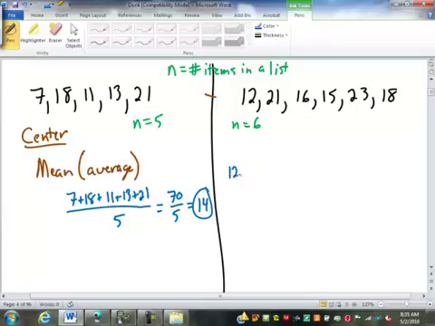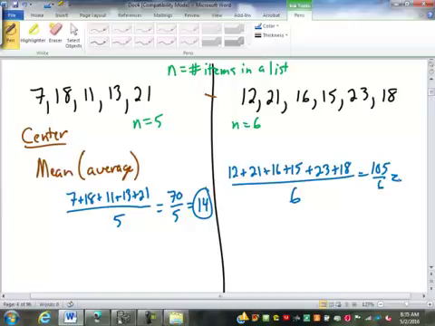Over here, we do 12 plus 21 plus 16 plus 15 plus 23 plus 18, divided by 6, because there's 6 of them. So 33, 49, 64, 87, 95, 105 divided by 6, which is 17.5. Yep. Okay. So we've got the mean of each data set. Does that make sense how we find the mean?